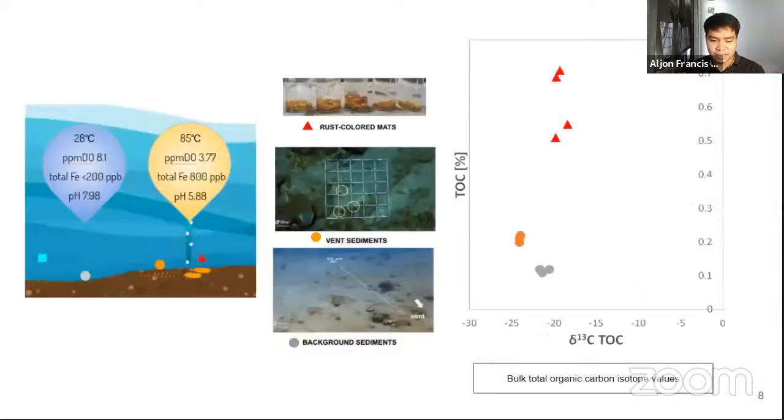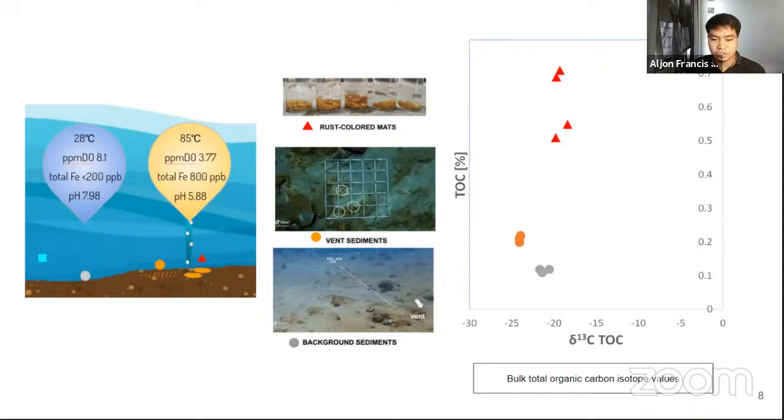So we first provide the setting, an overview of the environment or the niche that we expect our extremophiles to thrive in. So there's high temperature fluids, low oxygen, a lot of iron, up to 800 parts per billion, thanks to its acidity, pH of 5.88. The sediment biomass is potentially unique too.